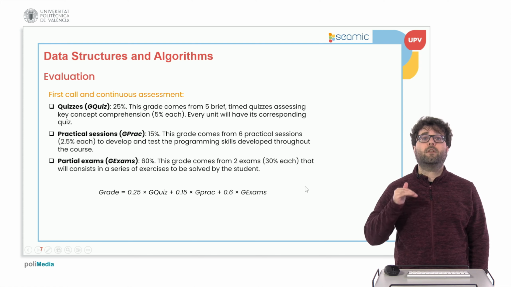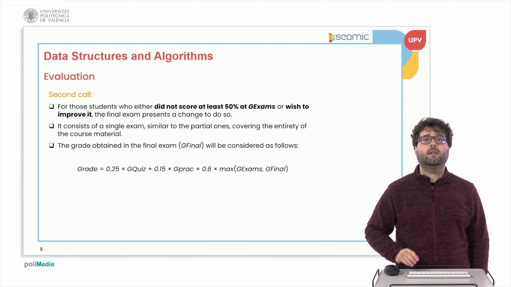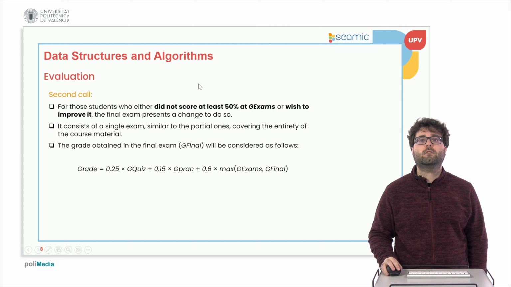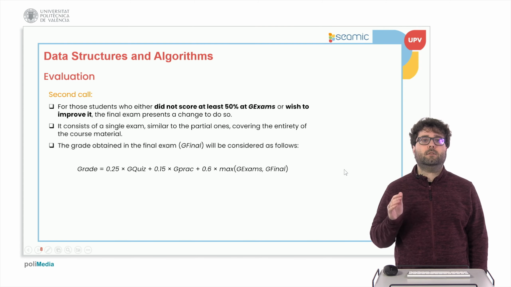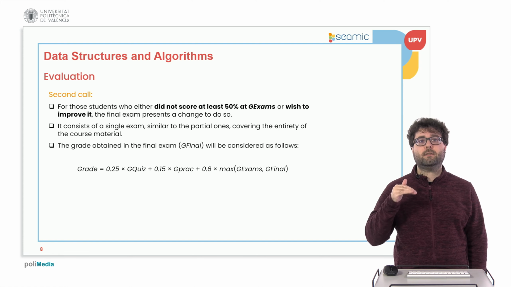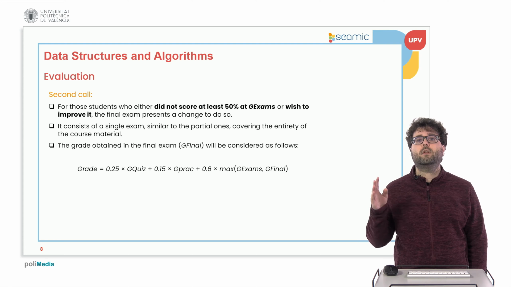This will be for the first cohort and the continuous assessment, but we also have a second cohort in which we can take a final exam in order to improve, or if your score is less than 50% of the partial exams. This final exam will consist of a single exam similar to the 2 partials, but with the contents of all the module.